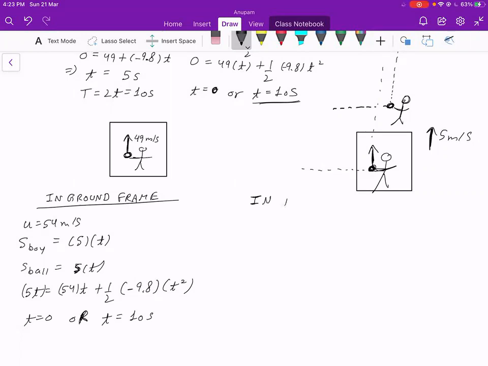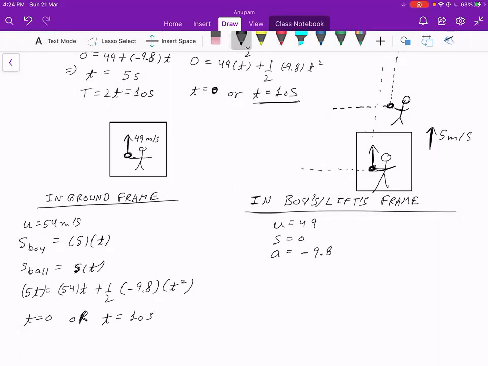But if you solve in the boy's or the lift's frame of reference, things become clear. Forget that the lift is moving. Just for a second, go to the boy's frame of reference, or go and stand in the lift with the boy and solve accordingly. In that case, u is still 49, s is still 0, and because your frame is not accelerated, you can still say that a is minus 9.8.